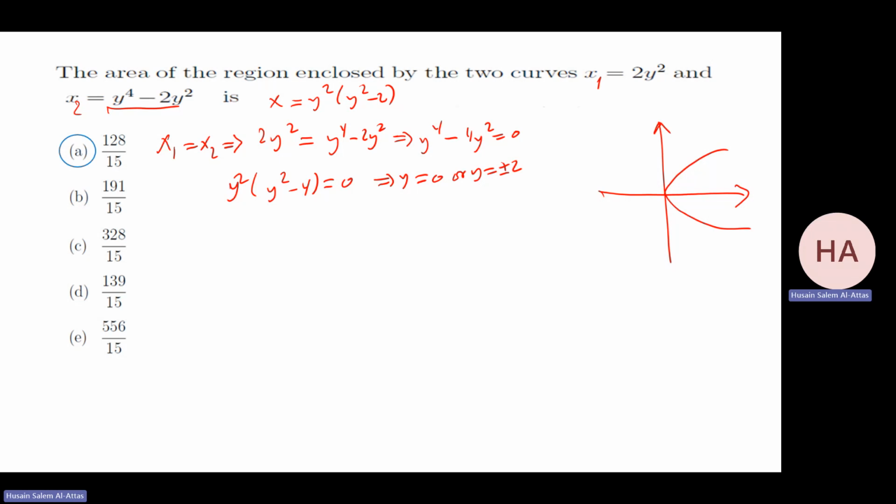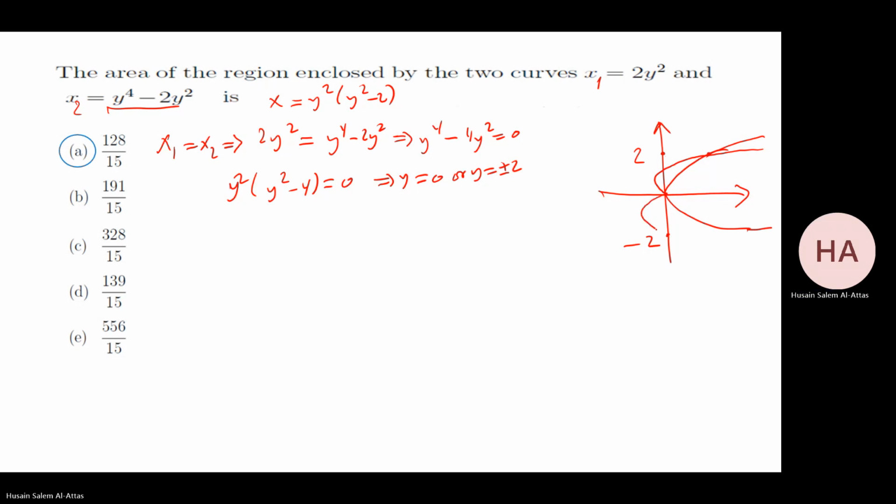So I have 3 points of intersection at 2 here and at minus 2. So the function will do something like this. It will go like this. Then at 0, it will intersect.